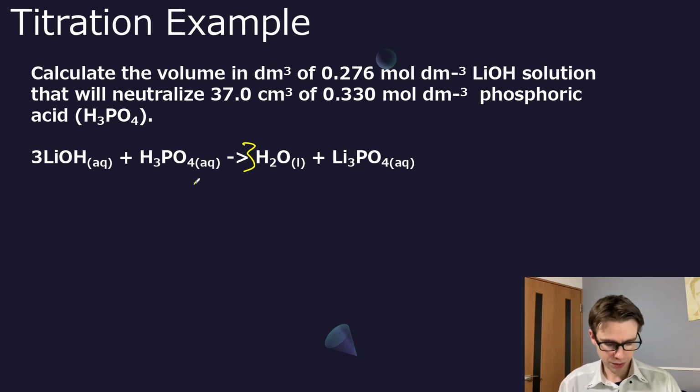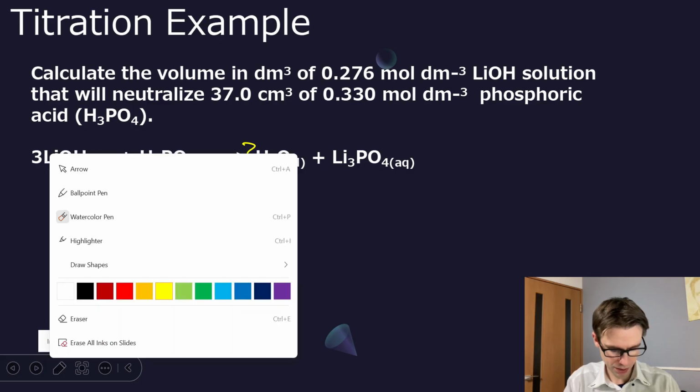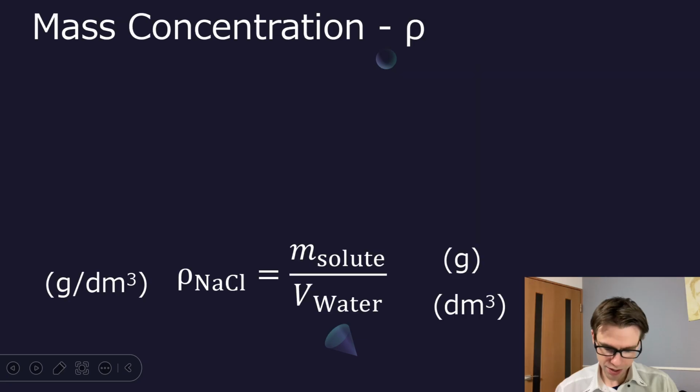Okay, so what are we going to do? We need to first work with what we have. We have a concentration and a volume of phosphoric acid. So let's just find out how many moles would be in there.